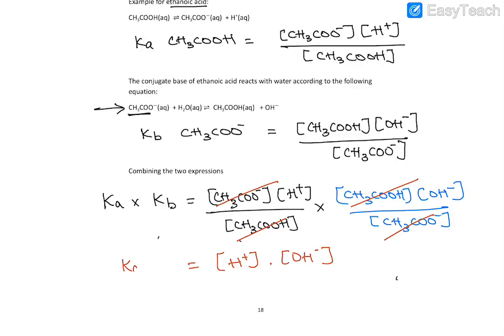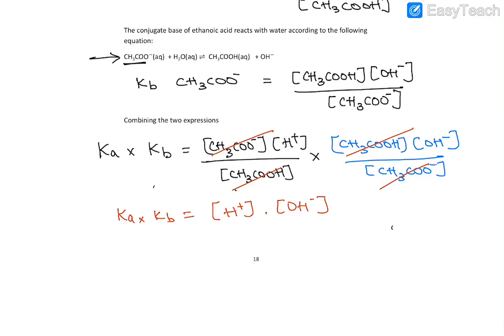So Ka times Kb gives you H+ times OH-, and if you still remember, H+ times OH- is equal to Kw. So Ka times Kb gives you Kw, an expression which we already looked at previously.